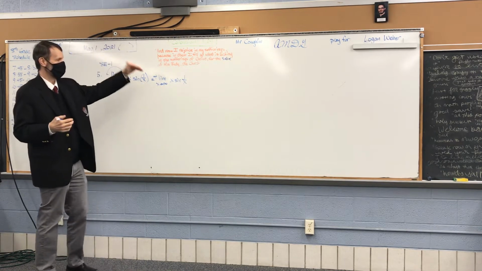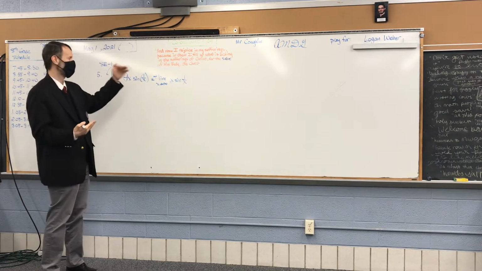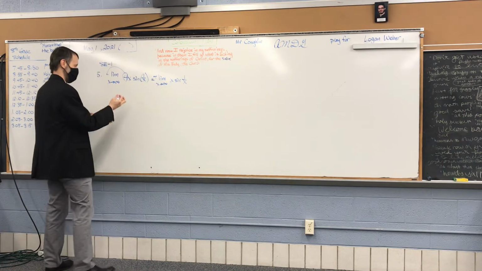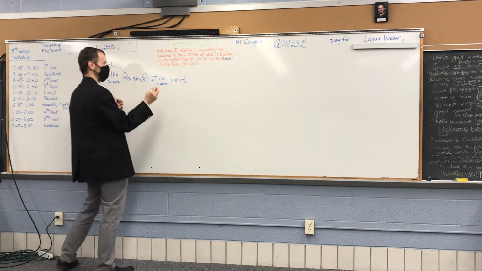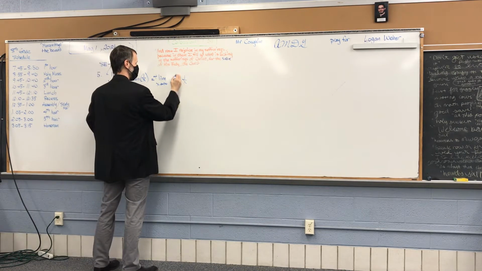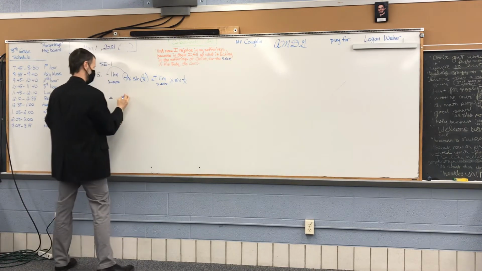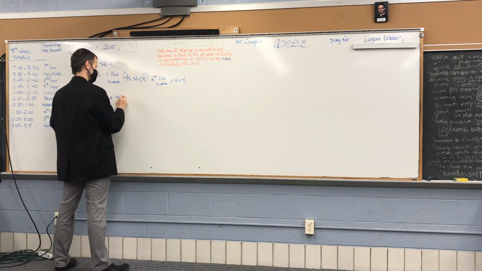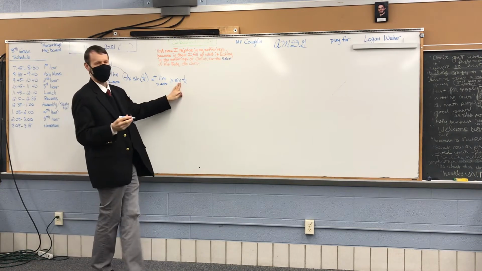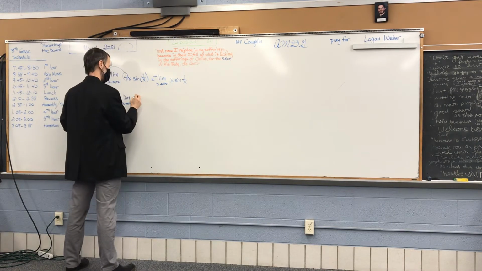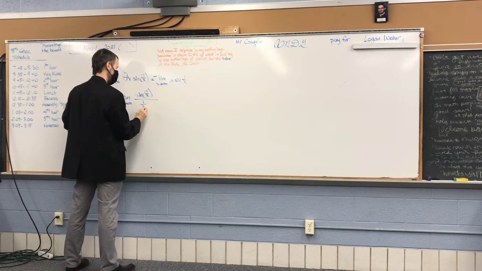If we can get this to look like 0 over 0 as a fraction, or infinity over infinity, then we can use L'Hopital's rule: take the derivative at the top, derivative at the bottom. And as it turns out, you have to be kind of sneaky. I tried doing the cosecant on the bottom, and I think that might still work, but an easier way is this: 4 times the limit as x approaches infinity of sine of 1 over x over 1 over x.